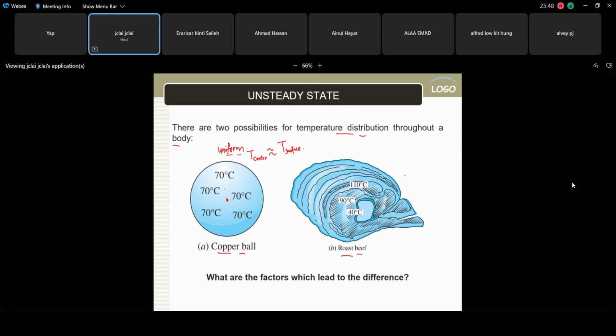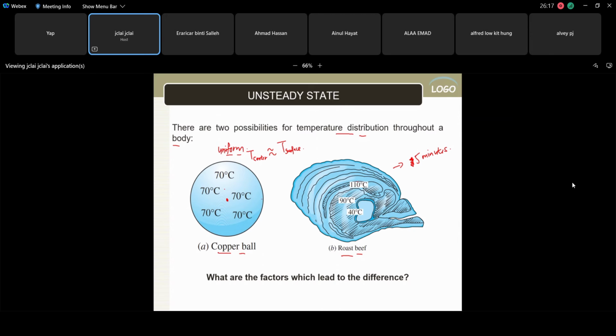Then you measure the temperature of the beef after, let's say, 15 minutes. Maybe not 15, 5 minutes. So after 5 minutes of heating, this is what happened.